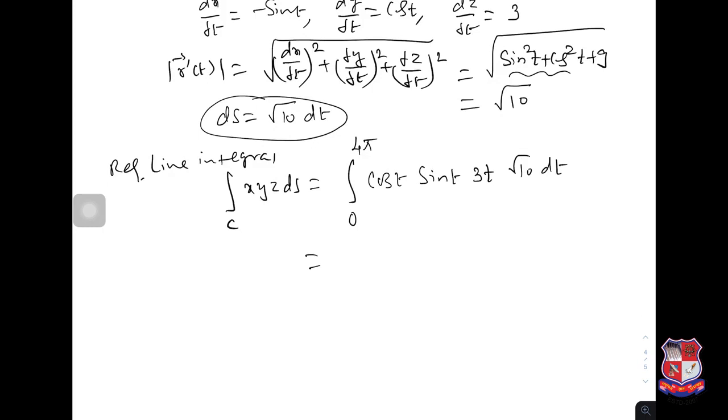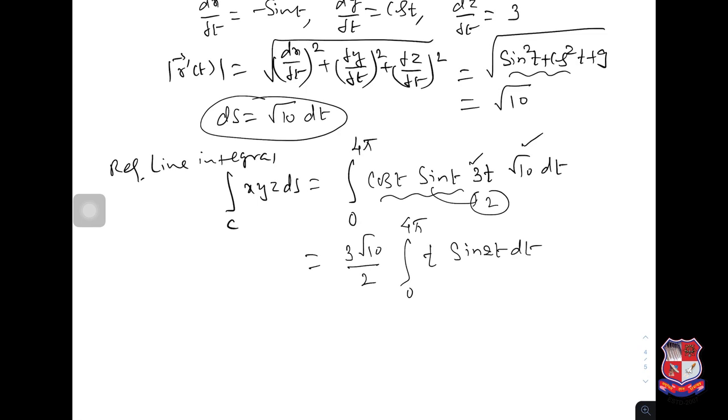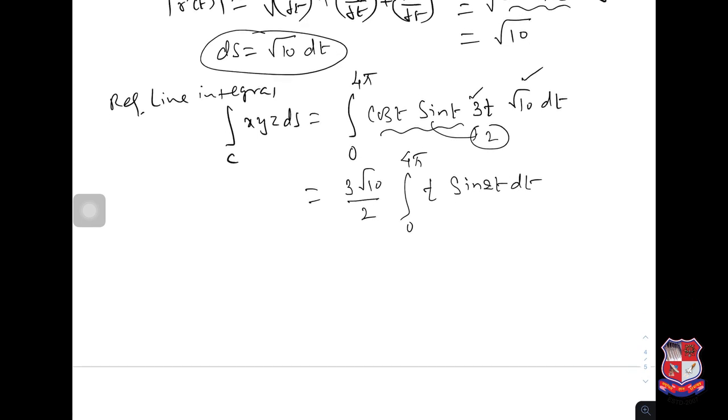So this is nothing but, now this we can have 2 sin t cosine t, so sin 2t, so 2 multiply and 2 divide, and so we can have like 3 root 10 and 2 multiply here to make it sin 2t, so divide also, 0 to 4 pi t sin 2t dt. And so this is equal to 3 root 10 by 2.